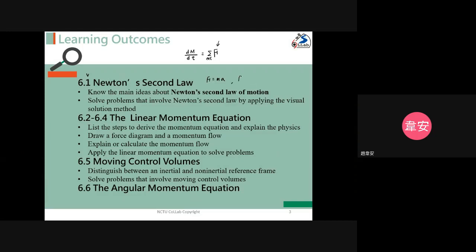If the forces are balanced and the sum of the forces equals 0, the particle moves with constant velocity.